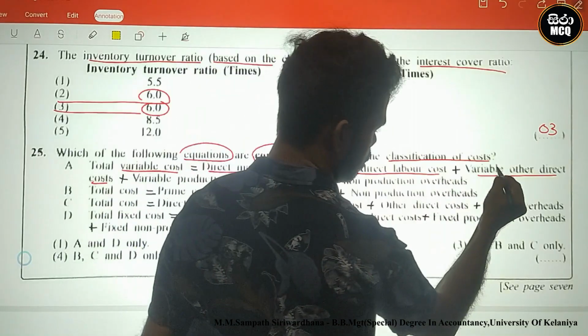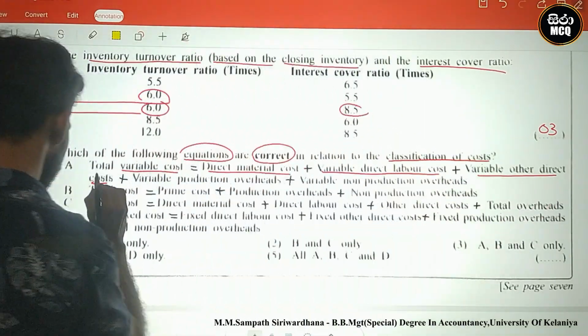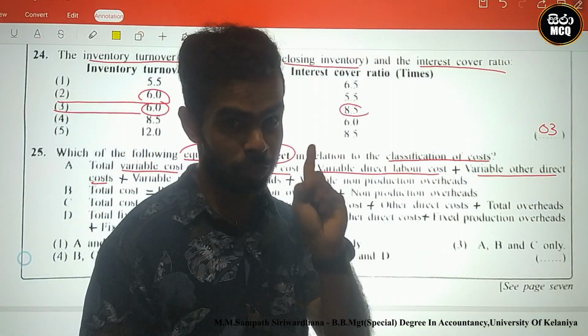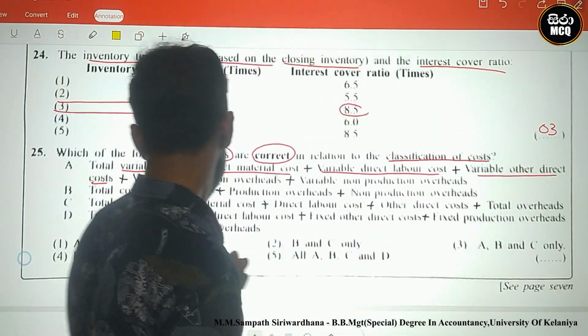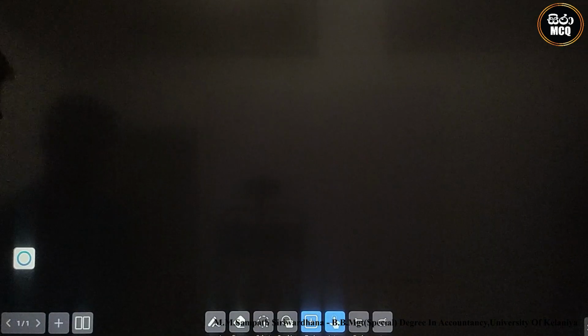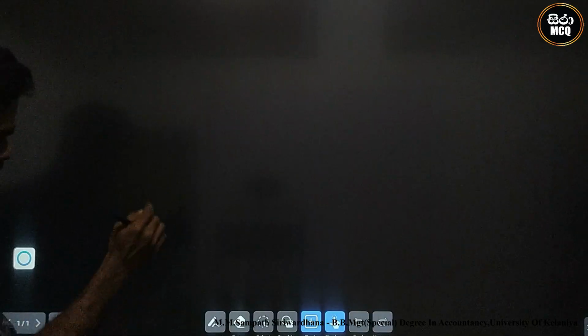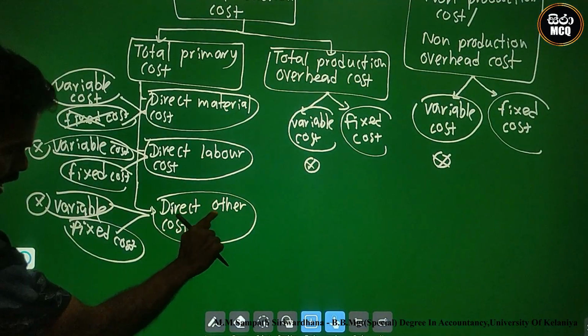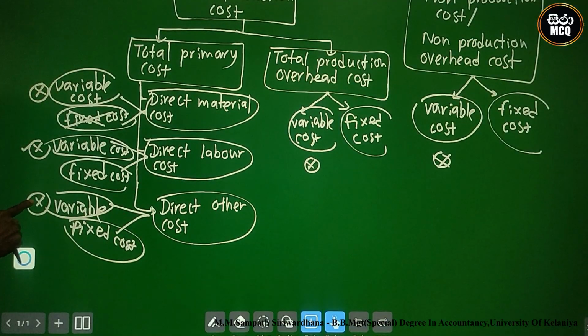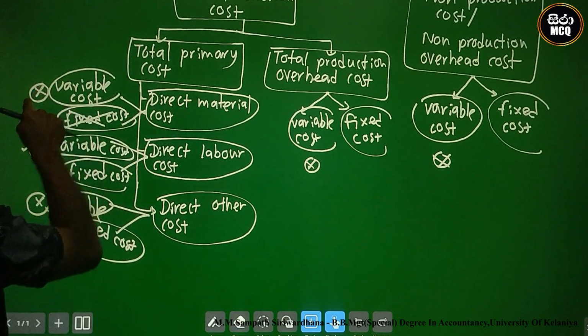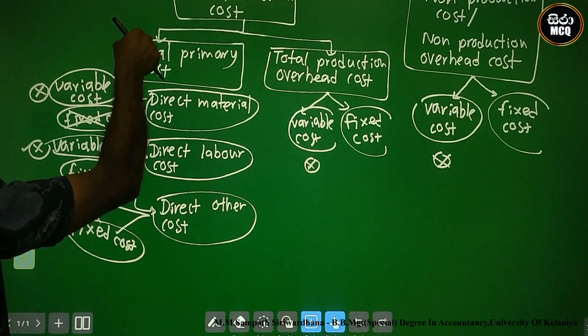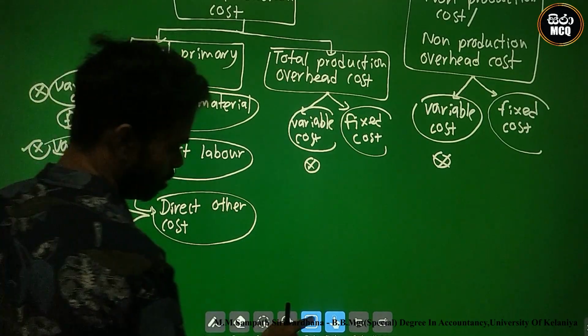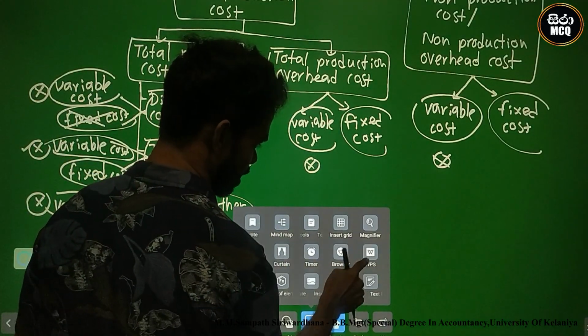Another category is variable other direct cost, which is the variable one. So there are three variable costs identified using the primary cost.